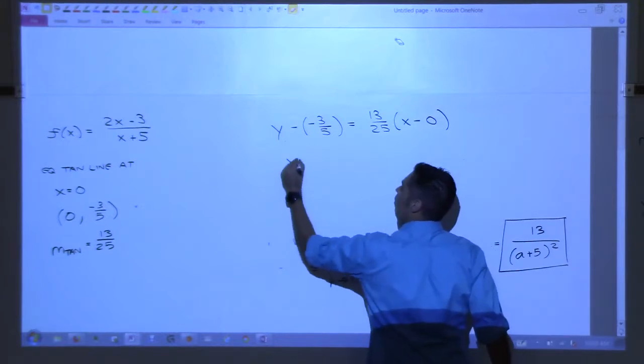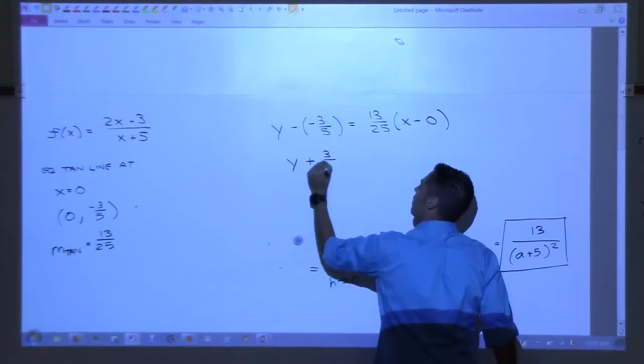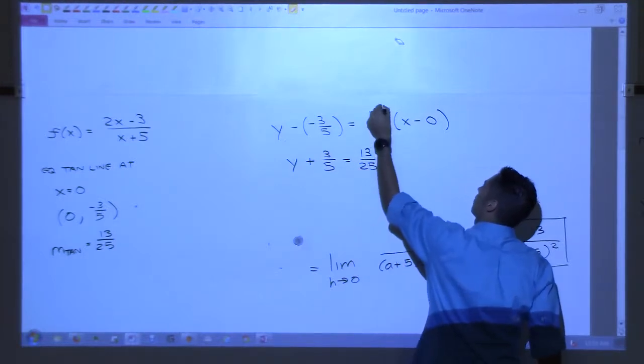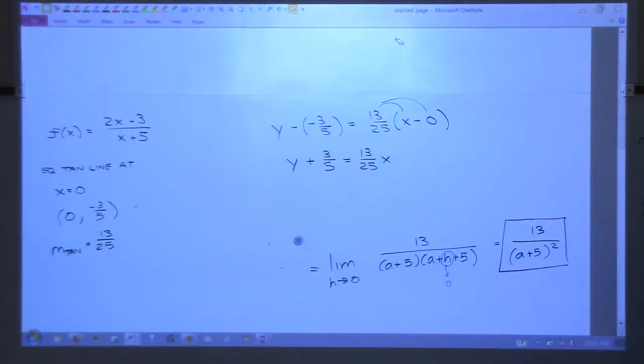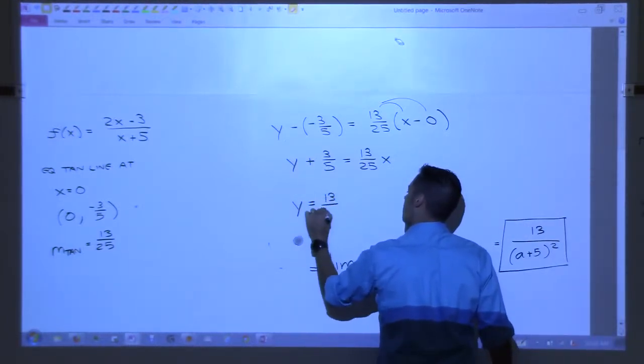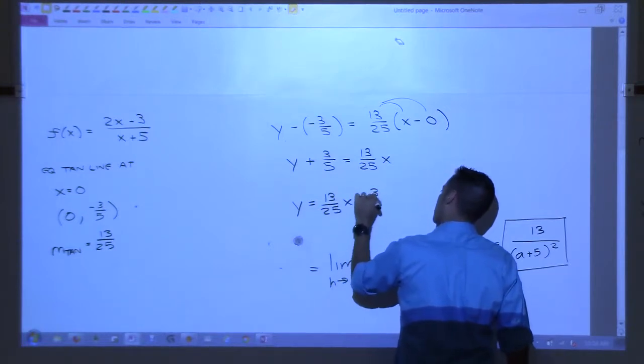And this will be y plus 3/5 equals 13/25 x, because when I distribute through, that 0 kills it off. And solving for y, you get y is equal to 13/25 x minus 3/5.